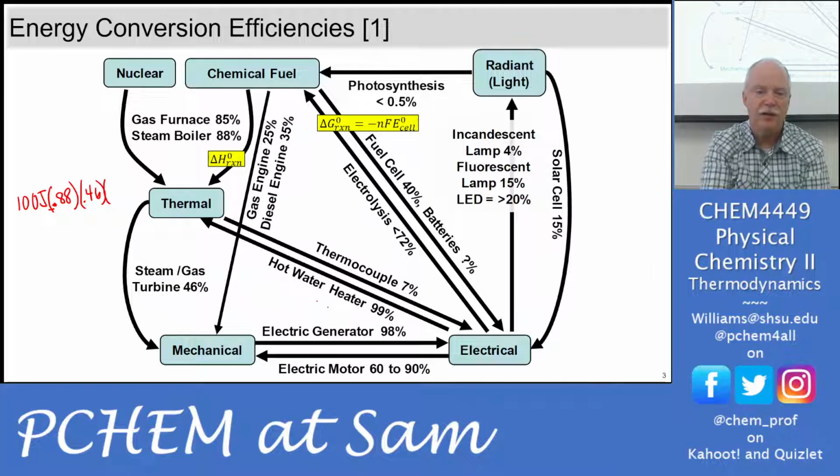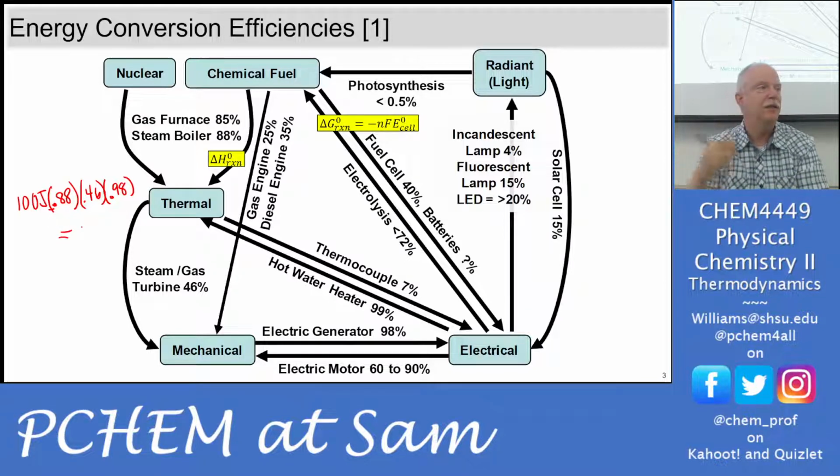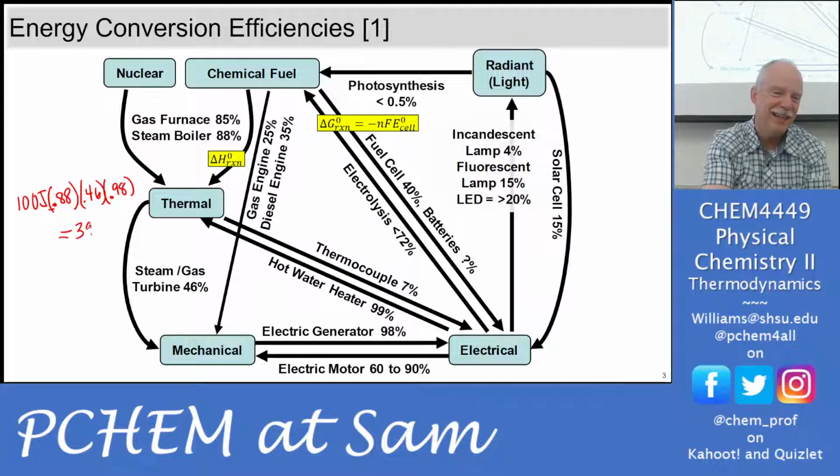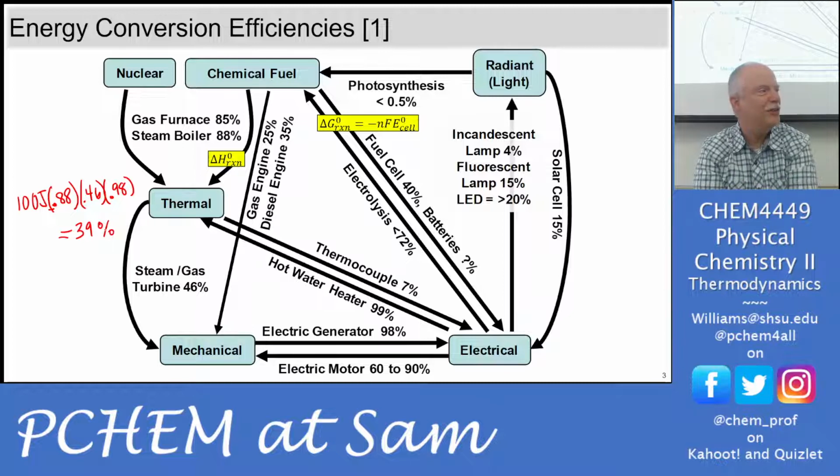And then the electrical generator is pretty good, 0.98. These efficiencies are multiplicative. So what's our overall efficiency? Could somebody punch that in? 39.6. 39%. So we're taking 100 joules of coal or natural gas or whatever, and we're only getting 39 joules of electricity out of it. And that's the best.